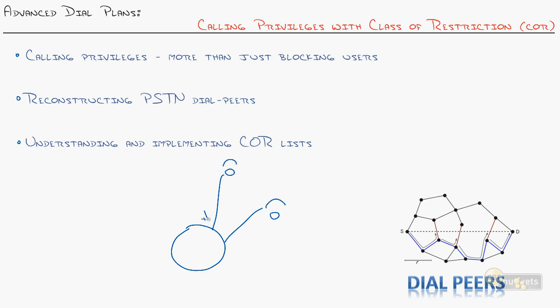Maybe this is 1/0/0 and this is 1/0/1. You can point all the PSTN dial peers out to this phone, so the role of the PSTN will be played by phone A. Anytime you dial the PSTN, you can have it call out here. Then you can go through and start implementing your COR restrictions.